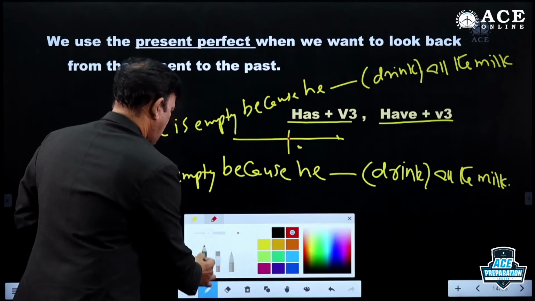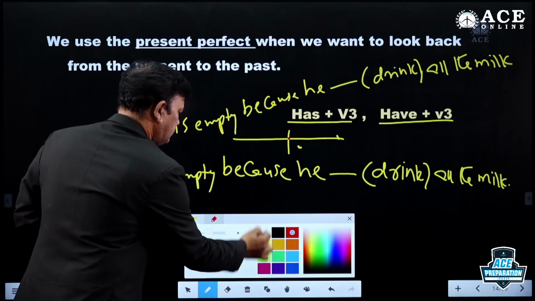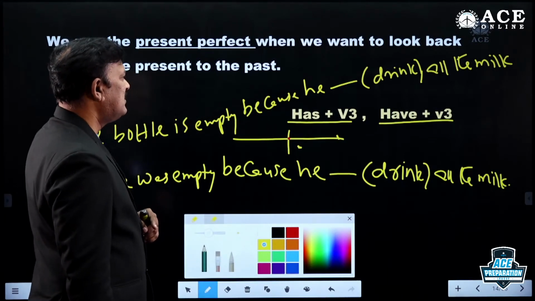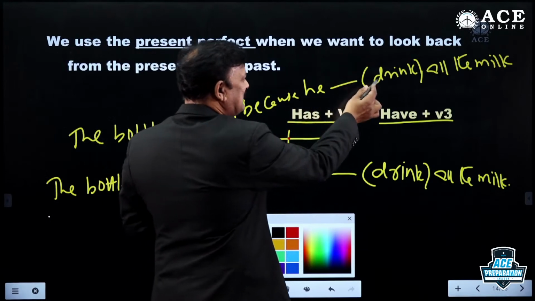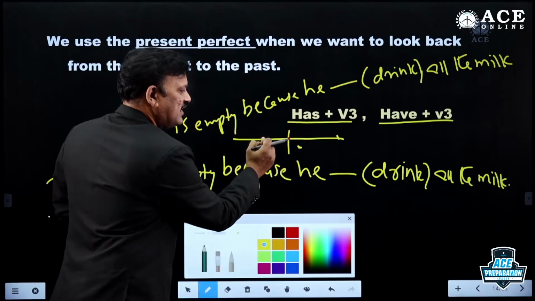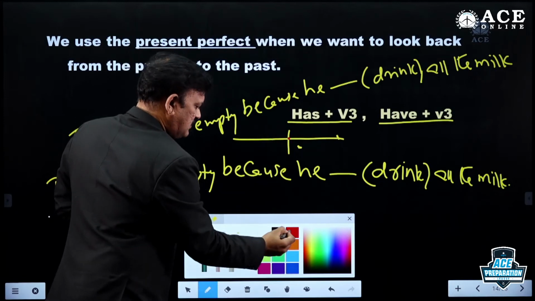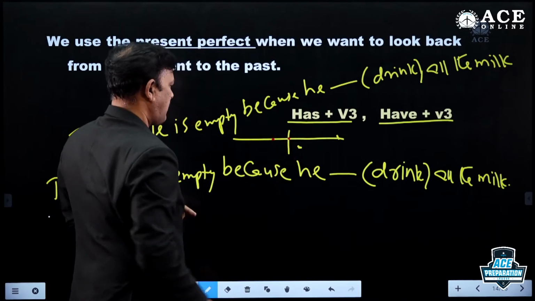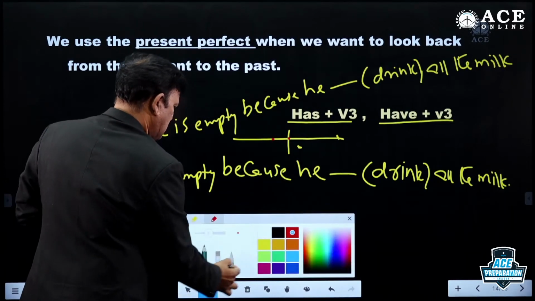Okay. Now, the bottle is empty because, where do you think this drinking happened so that this is empty? Obviously here, isn't it? Some action happened here, the result is here. Fine, we'll come back to that.